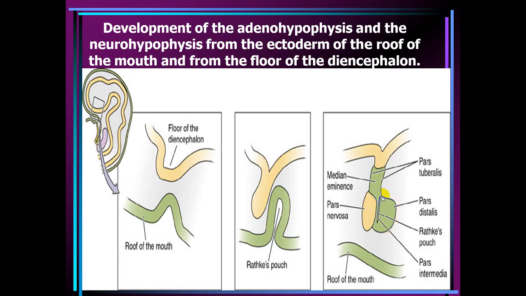Walls of the Rathke's pouch form the pars distalis of adenohypophysis, pars intermedia, and pars tuberalis, and also leave the rudimental cavity of the Rathke's pouch. In human beings, this cleft is very thin and not visible on simple light microslides.